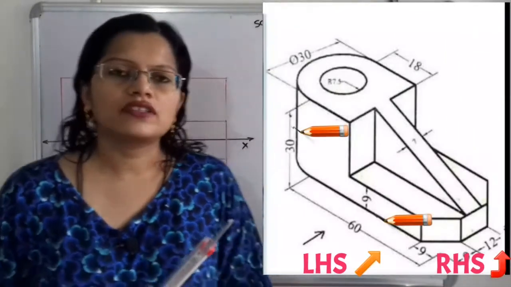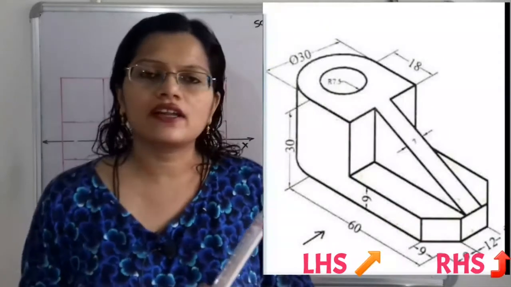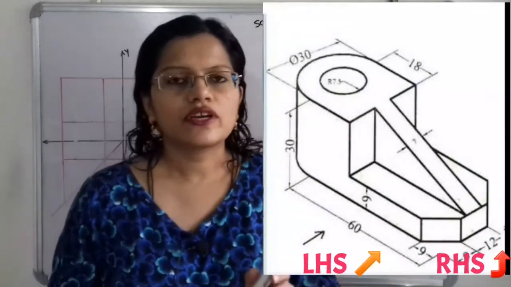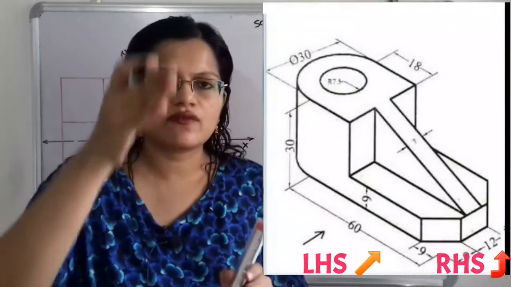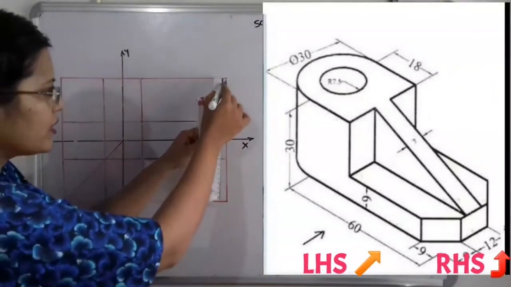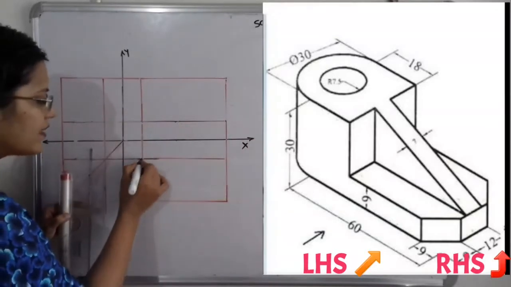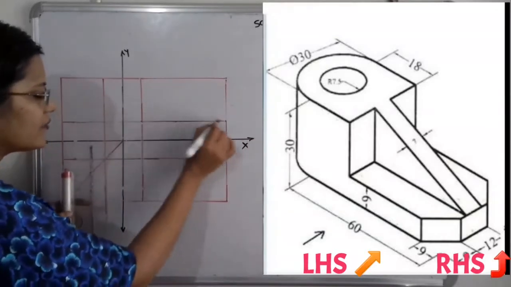Now in the first angle projection method, the top view is vertically aligned with the front view. If we draw projections vertically downward from the front view to the top view, here is the projection. Then this length gets aligned, so we get the same length as in the front view.